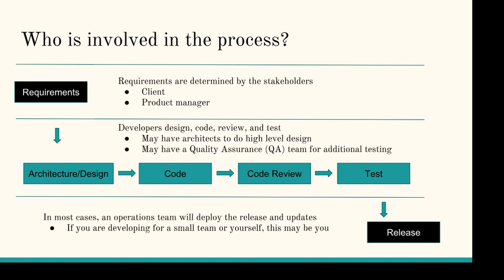Requirements are determined by the stakeholders, which include people like the client and the product manager. It could include other people, but these are two typical audiences in the requirements discussion. There will also be technical people involved, because clients and product managers generally don't have a good sense of the technical aspects of the project.